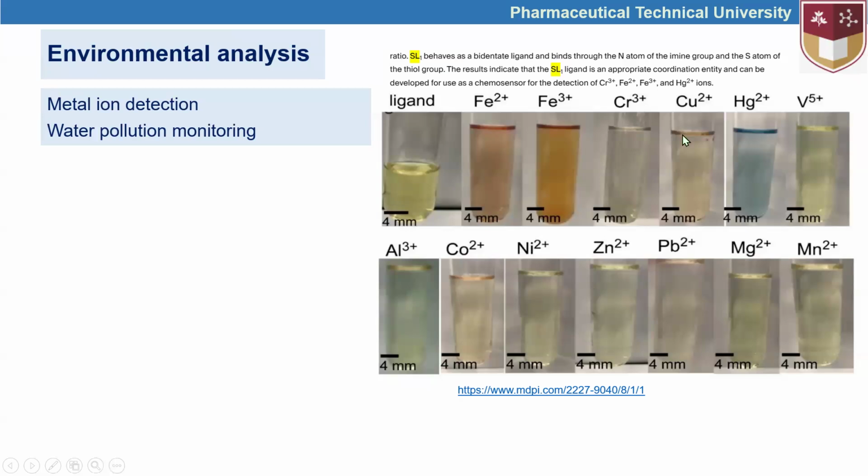And in other cases, we can see that the compound developed similar colors with chromium plus 3 ions, or vanadium plus 5 ions, manganese plus 2 ions, magnesium ions, lead ions, zinc ions, nickel ions, or aluminum ions.